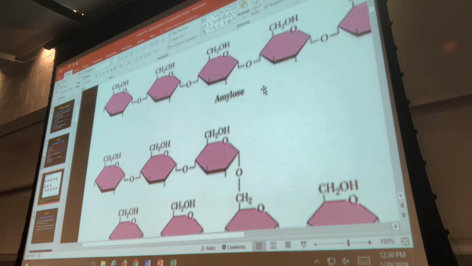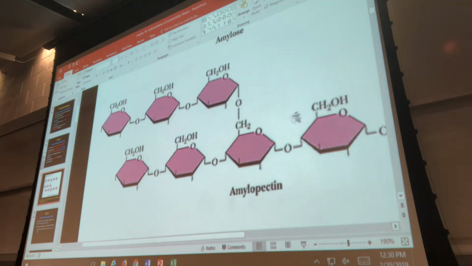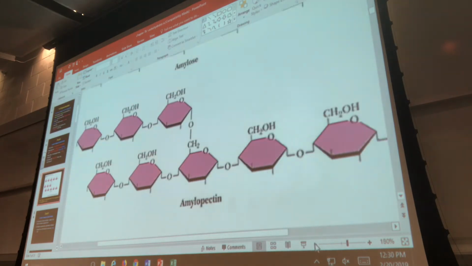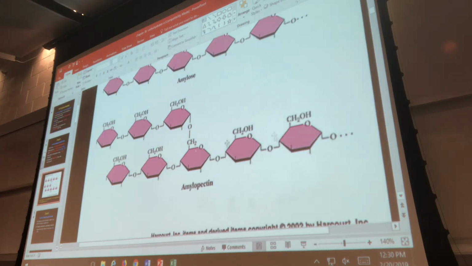Let's contrast that with amylopectin. It is still starch, and in fact, if I zoom out a bit, this bottom part basically looks exactly the same as amylose, right? This bottom line is a bunch of glucoses connected to each other via alpha 1,4 linkages. The only difference with this form of starch is that every now and then there is a branch sticking out of that linear chain of glucoses.